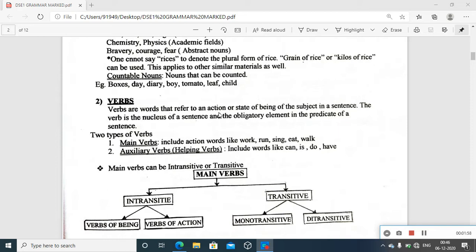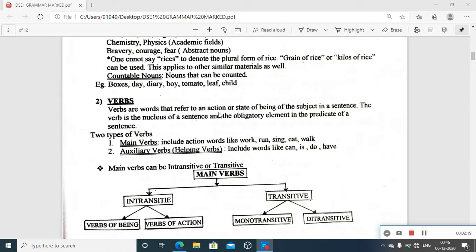We talk about the nucleus if you talk about biological cells and all. The nucleus functions as the major component of the cell. That means that is the functioning part of the cell. Without the nucleus, the cell is nothing. It doesn't function. It becomes defunct.